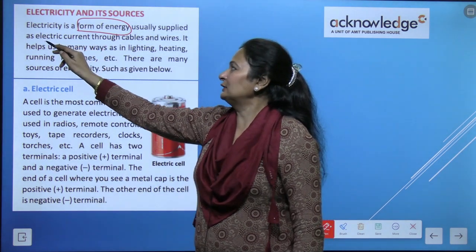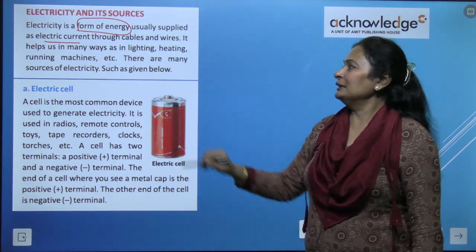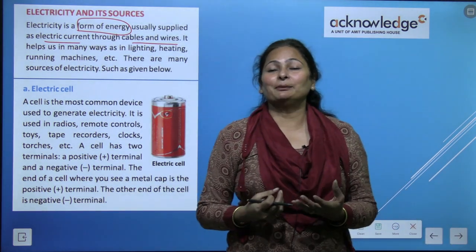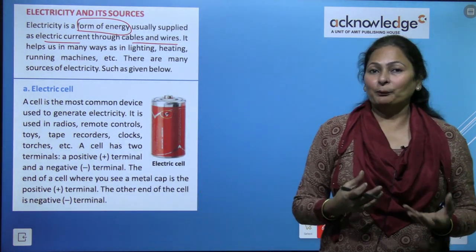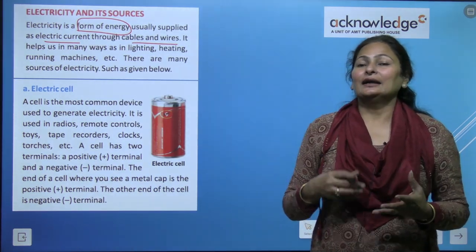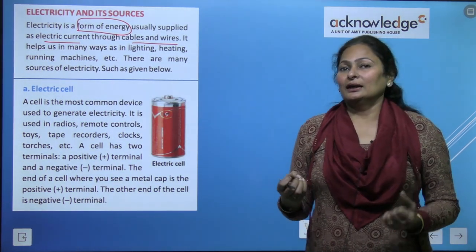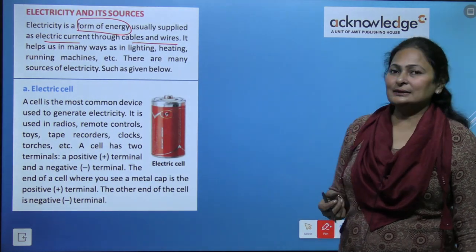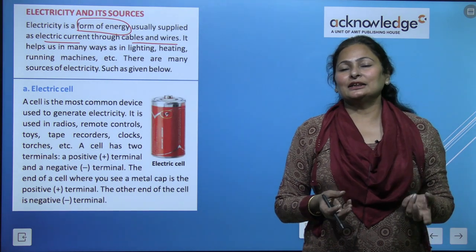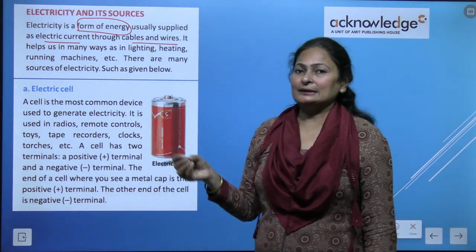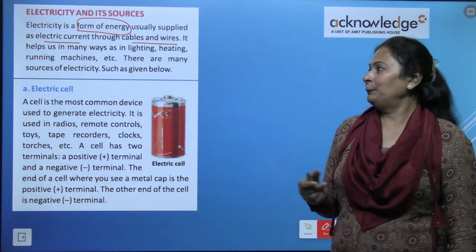We call it electric current through the cables and wires that I told you that it is being generated in the power station, and from the power station it is coming to the substations with the help of cables and wires, and then the substations are sending this electricity to our places.